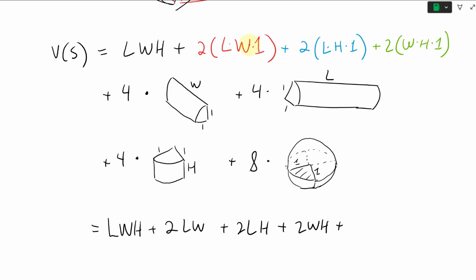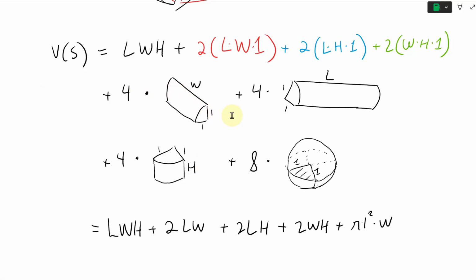The next part right here is going to be plus 4, and that's a cylinder. This is just 4 of those. In other words, 4 times a quarter cylinder. In other words, we just have a full cylinder, and the radius is 1. So the area, basically, is going to be the area of a circle times the length. So we're going to have pi times 1 squared times w.